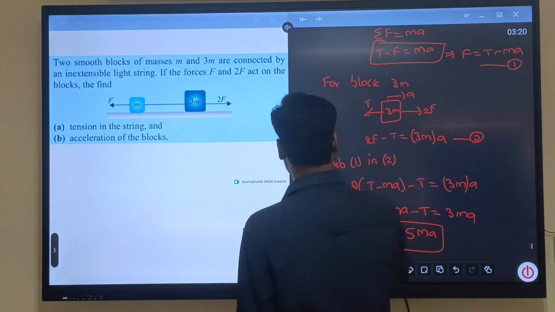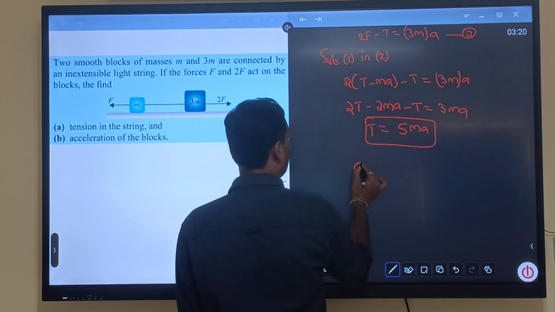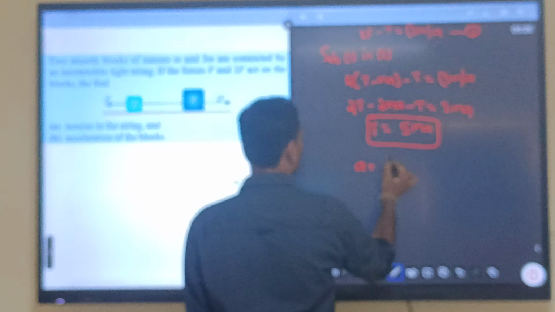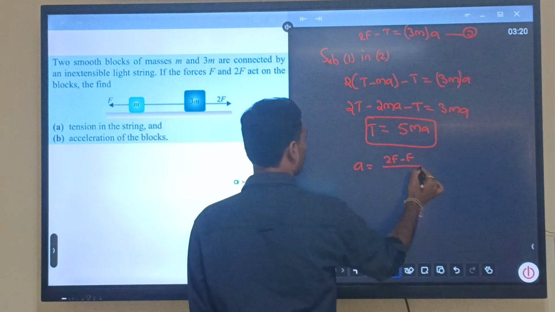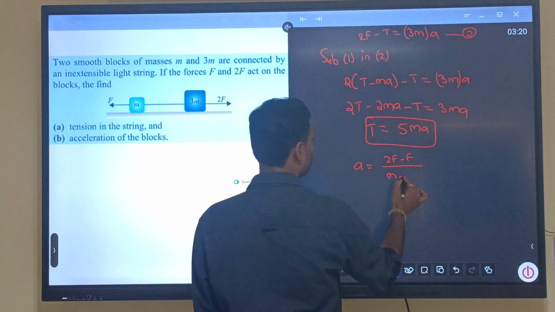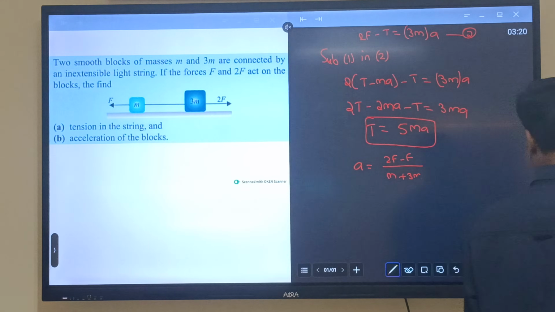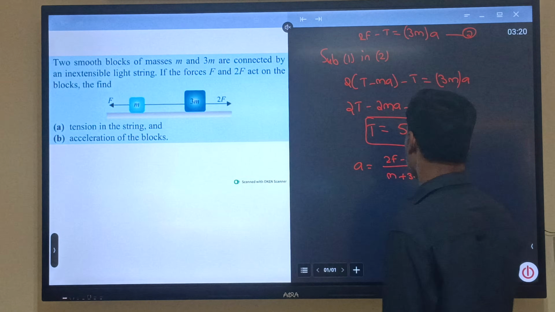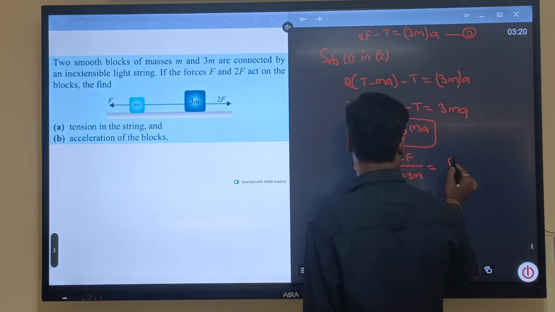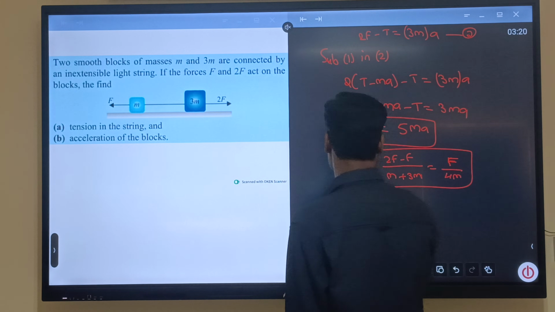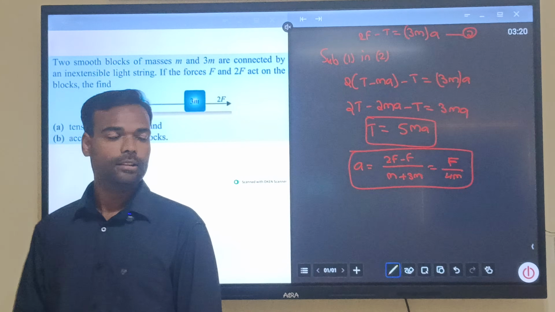And we have seen in our last class, if the whole system is moving in the rightward direction with acceleration a, then the total force acting minus the total mass m plus 3m, because 2F is acting in the rightward direction, F is acting in the leftward direction, and the masses are m and 3m. So this becomes F by 4m. So the acceleration of the complete system is F by 4m, right?